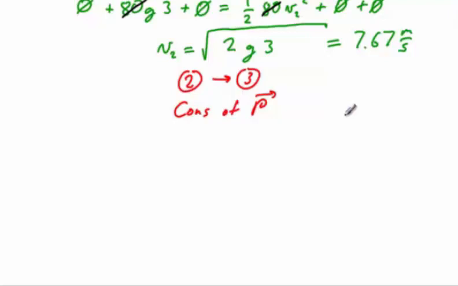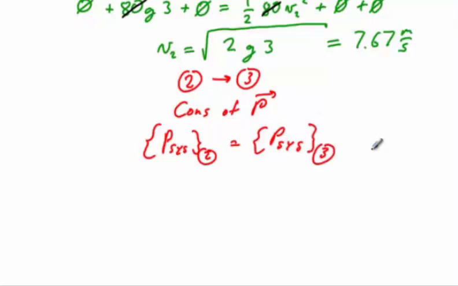However, since Batman is moving horizontally prior to the collision, and Batman and Joker as a pair are moving horizontally afterwards, this is indeed only a one-dimensional momentum problem. Thus, we realize our conservation of momentum equation by setting the momentum of the system at moment 2 equal to the momentum of the system at moment 3.